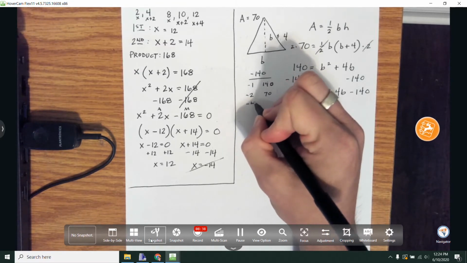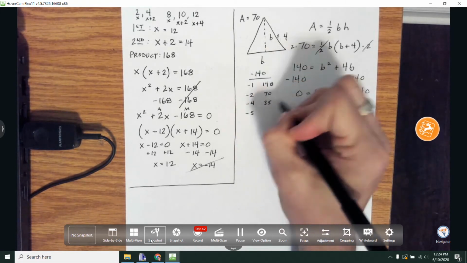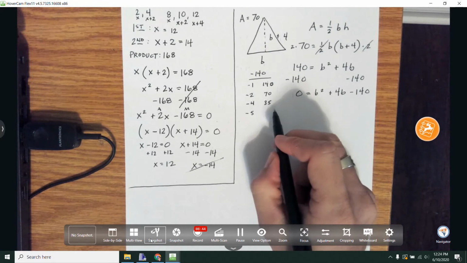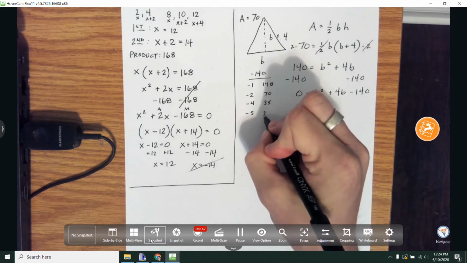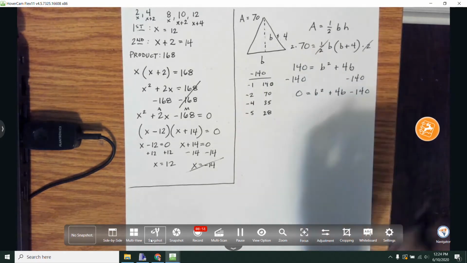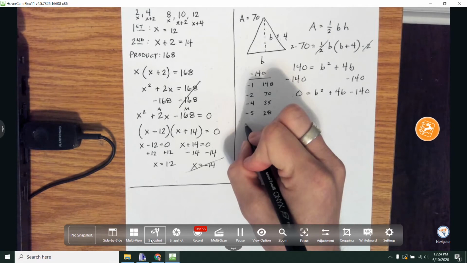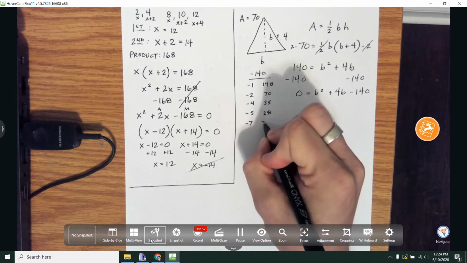That's negative 4 and 35. 5 works. We got 5 and 28. Let's do 6 doesn't work. 7 does. 7 and 20.